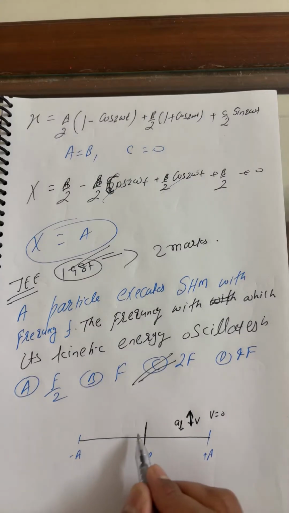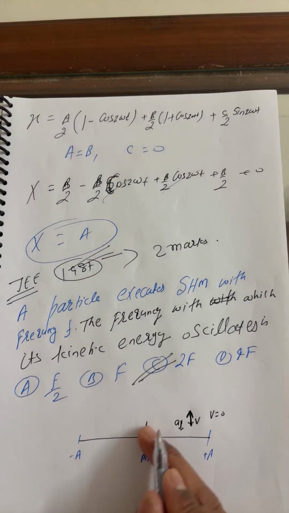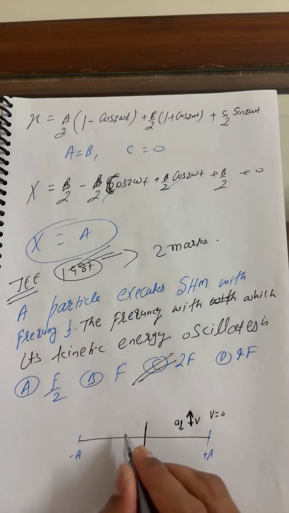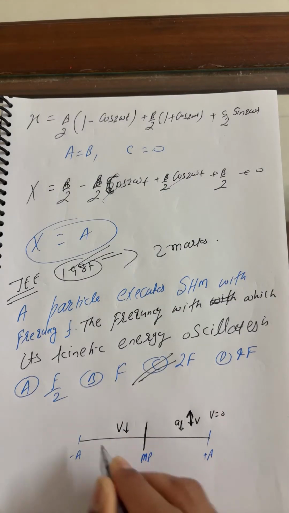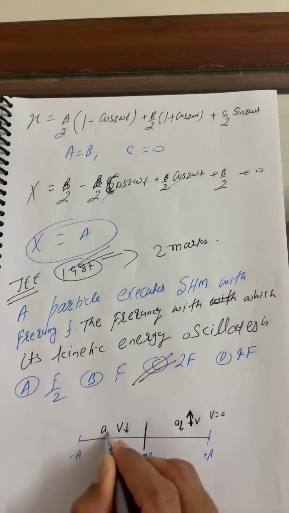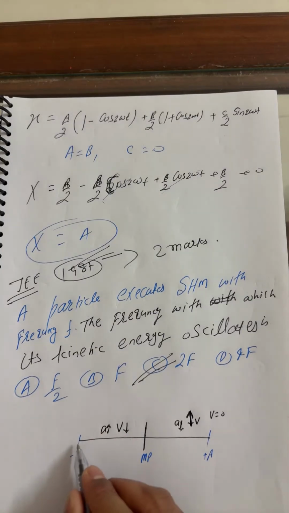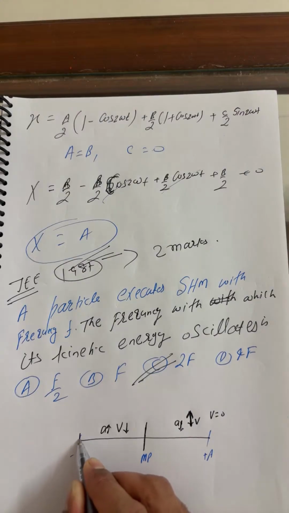Same thing here. Once you cross the mean position, velocity starts decreasing and acceleration increases. So finally, when you arrive at the left extreme position, velocity goes to zero.